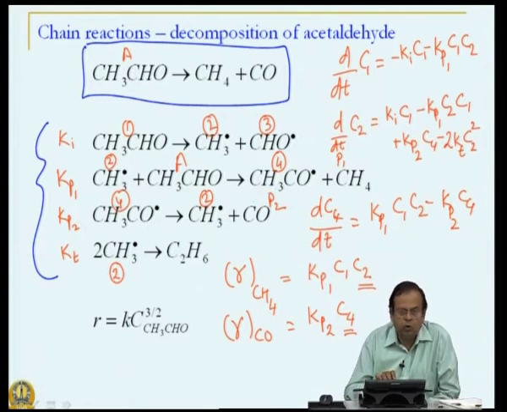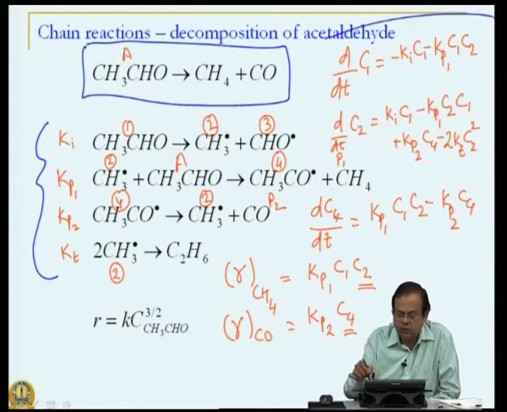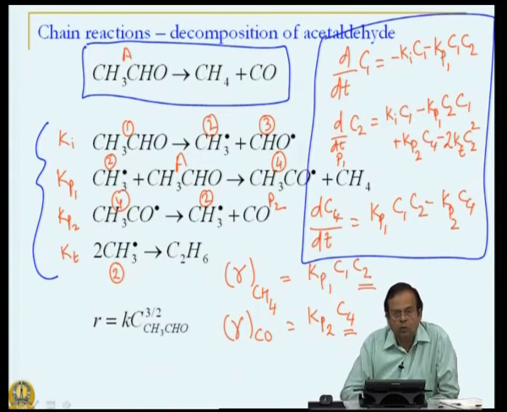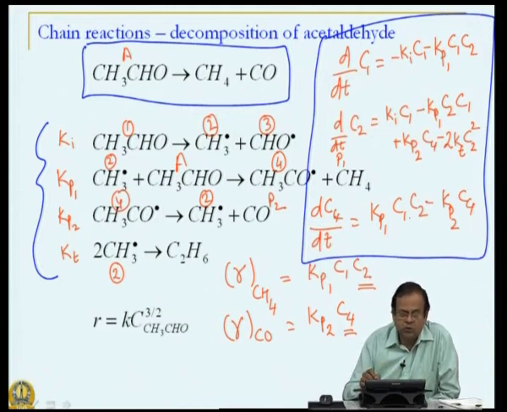So, in order to invoke quasi steady state, we write the mass balance equations, which is what we have written over here. The next step is to therefore invoke now quasi steady state approximation. So, we will invoke it for species 2 and 4. So, let us start with species 4.